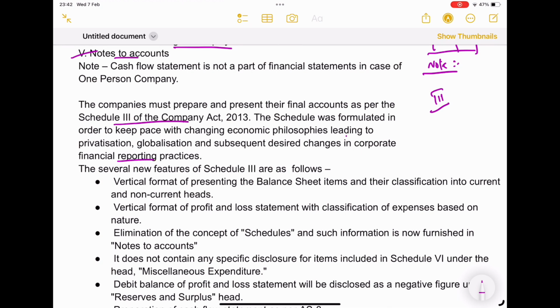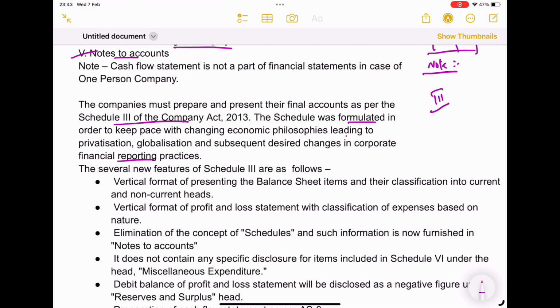So the schedule format is included in order to change our books of account into a dynamic form, which helps us include all the things possible. If I show you the format of the income statement and balance sheet, you will get to know this point.